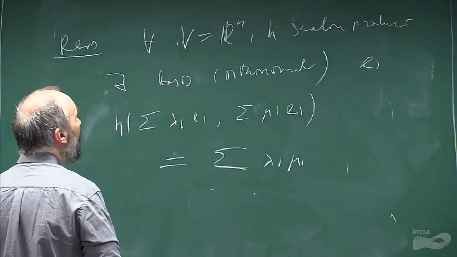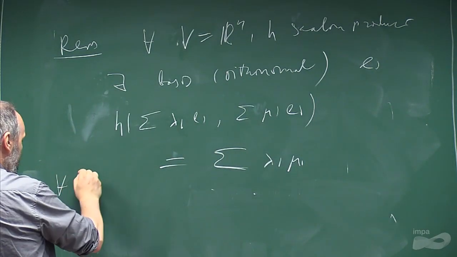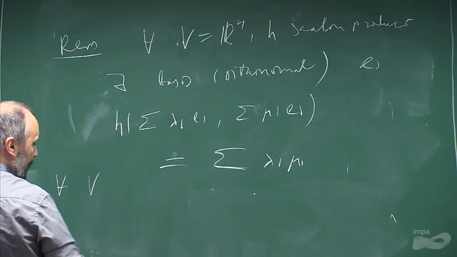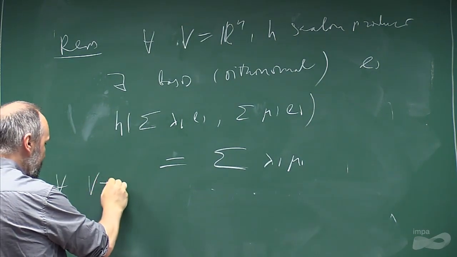And then for each vector, the same is true for a complex vector space, and the proof is literally the same.